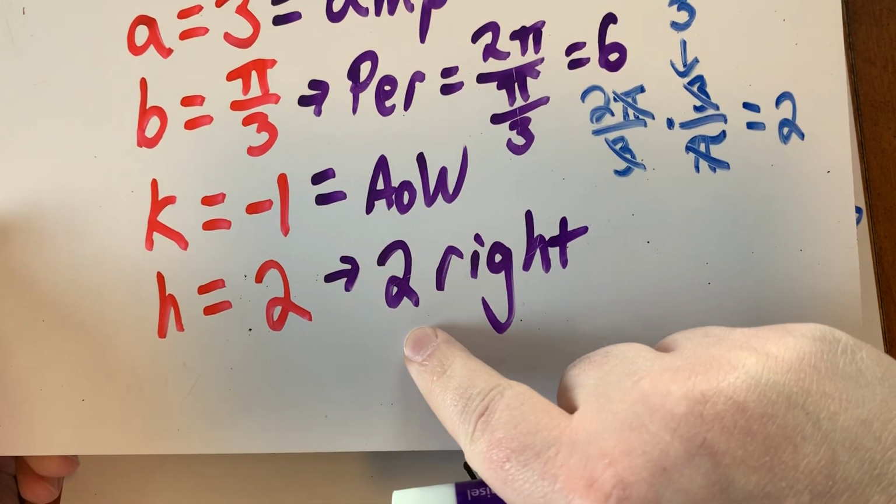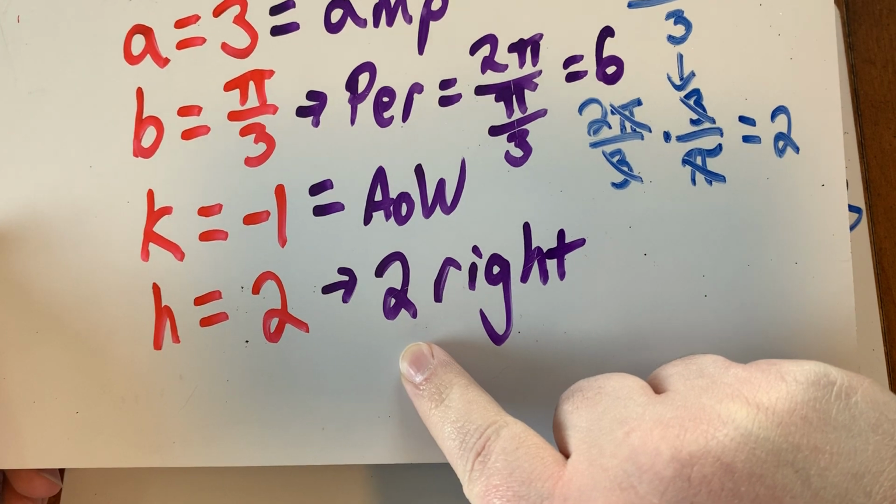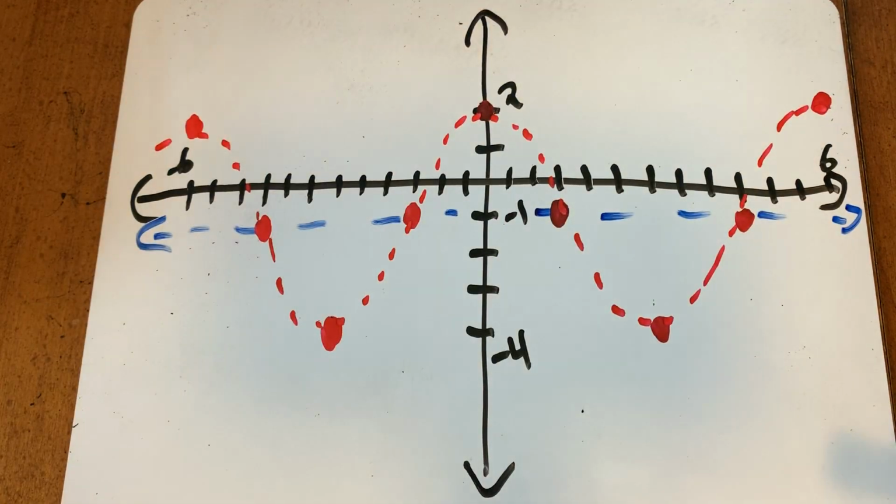Our phase shift was 2 to the right. So if you're okay with everything except the phase shift, you can graph it with everything except the phase shift. Just ignore that phase shift and then treat the phase shift as the very last thing to do.